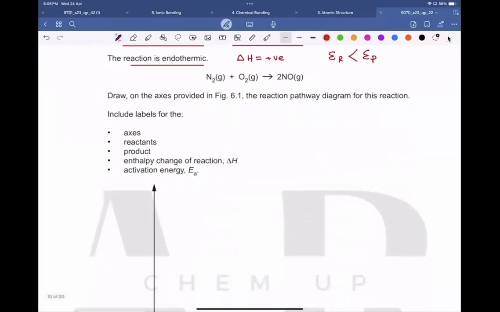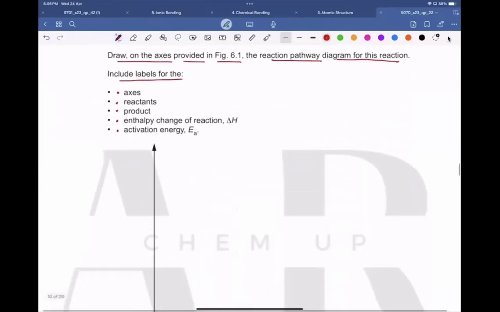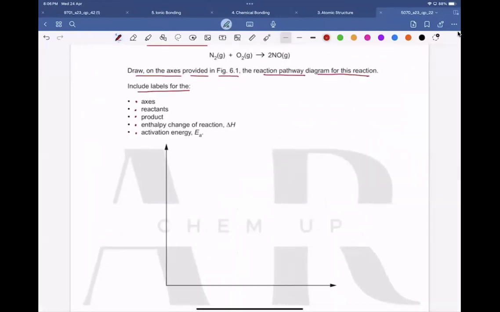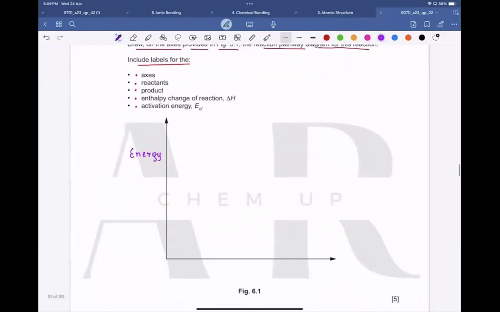Now, draw on the axes provided in figure 6.1 the reaction pathway diagram for this reaction. Include the labels for axes, reactants, products, enthalpy change of reaction and activation energy. If you recall the axes, as I told you in the last paper, on the y-axis we are going to write either energy or enthalpy, and on the x-axis we are going to write reaction pathway.